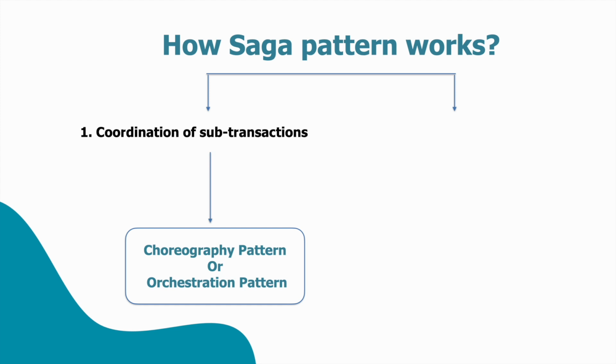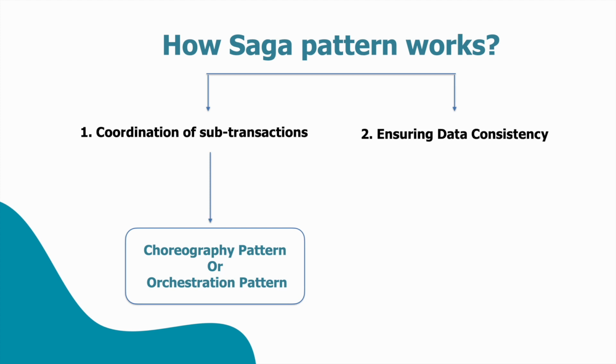The second part of what the Saga pattern does is ensuring data consistency. How does the Saga pattern do it? The basic foundation of a distributed transaction is that it has to ensure the data remains consistent. If multiple databases or multiple microservices are involved, the data has to be in a consistent state.